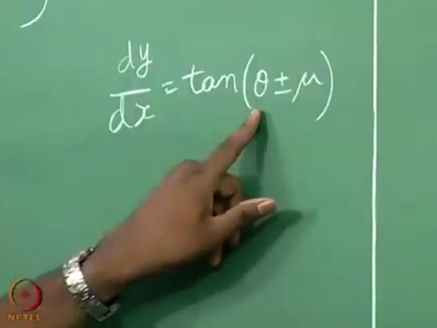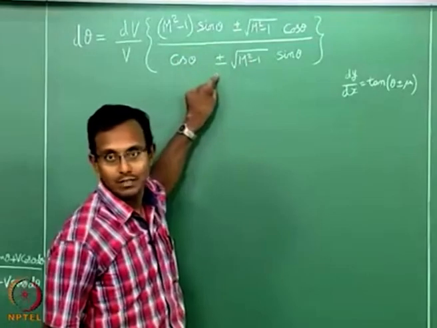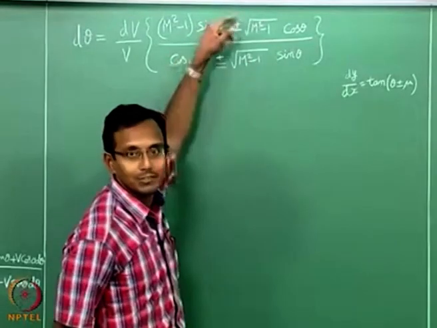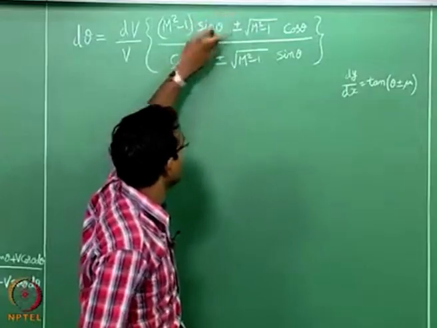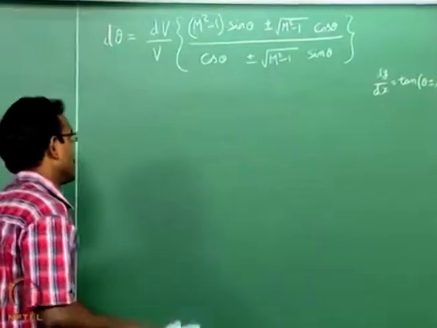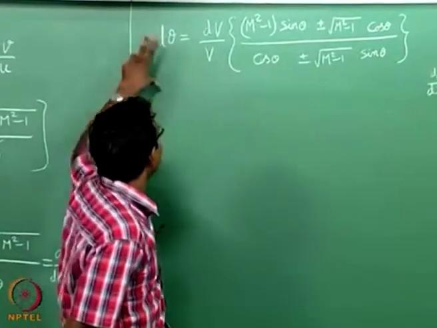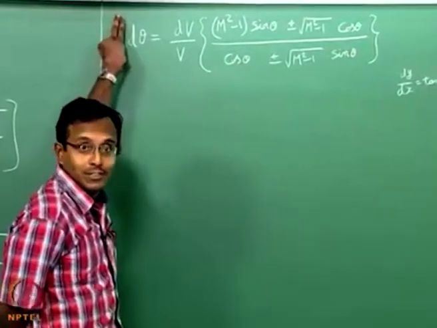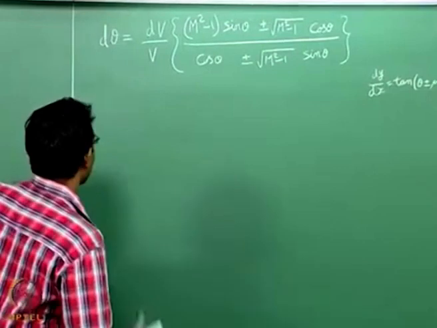If I have theta minus mu here, then I should use the minus here and the minus here. I cannot have four combinations of this plus minus, they are coupled. If there is plus there, this should be plus, if there is minus here, this should be minus. That is the only way you can use it. So because of that, we end up with two different differential equations in terms of d theta and dv.